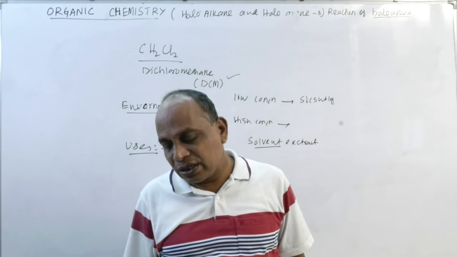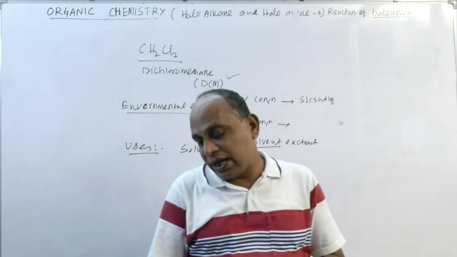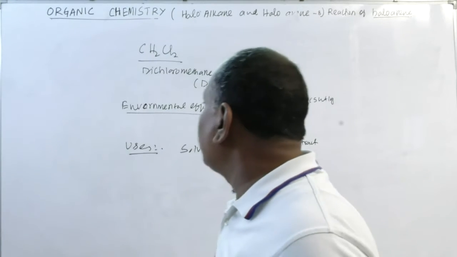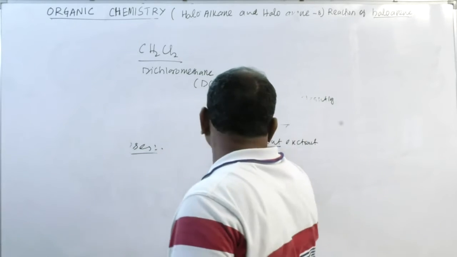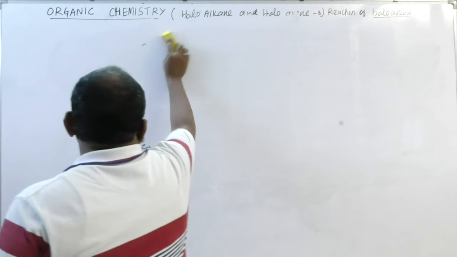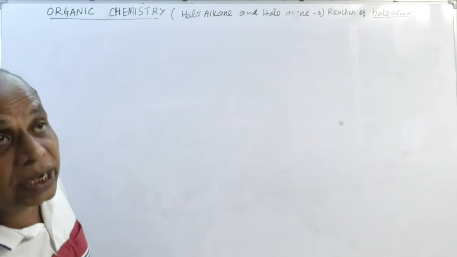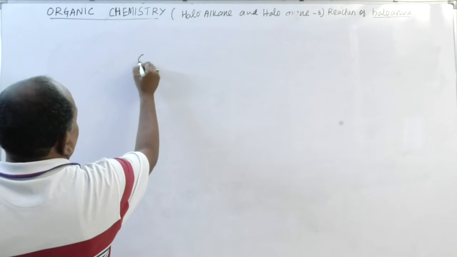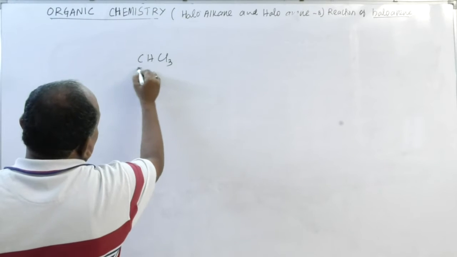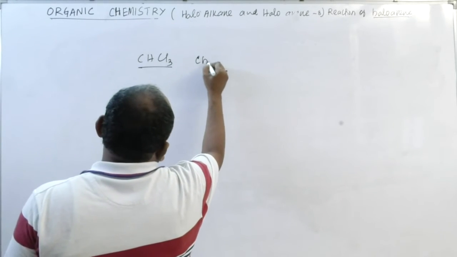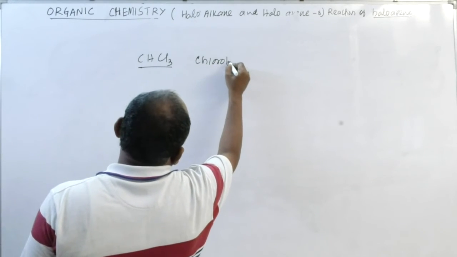Okay, this is about your DCM. DCM means dichloromethane. Next comes another compound, the trichloro derivative of methane, that is CHCl3. This is called chloroform.